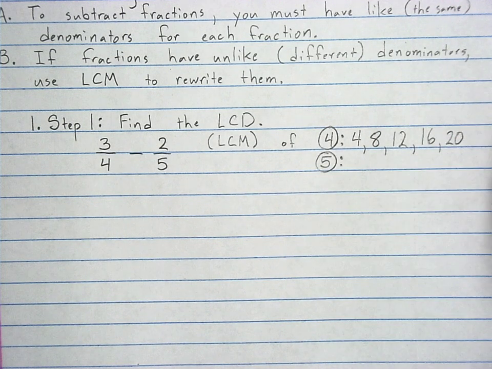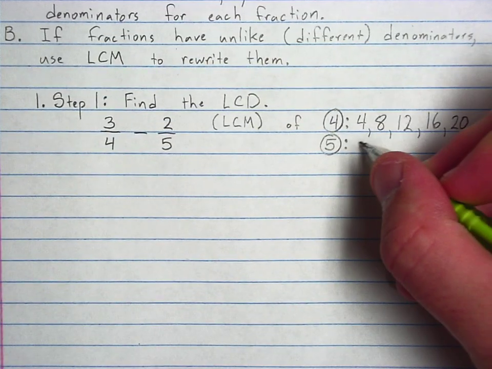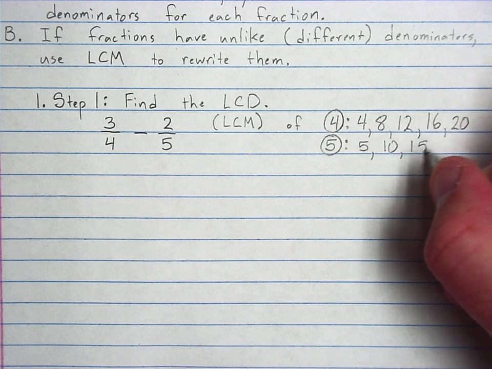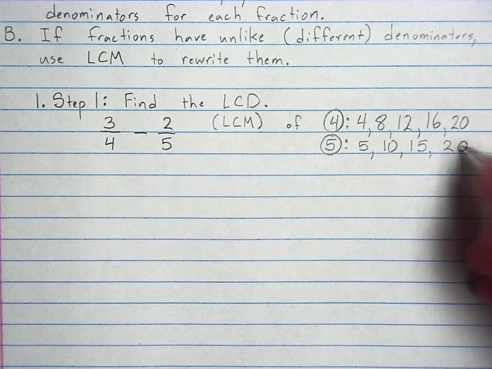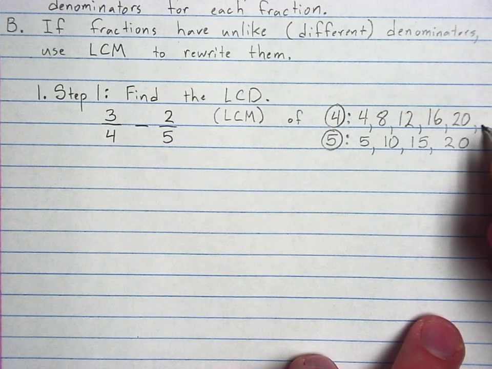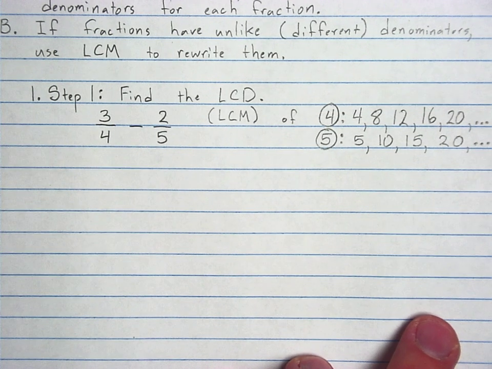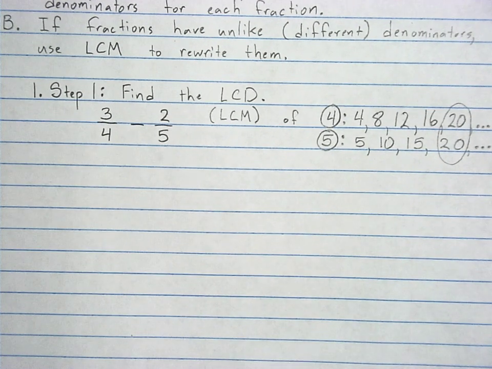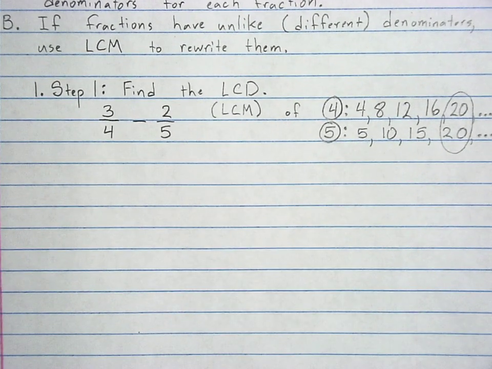For 5, 5 times 1, 5 times 2, 5 times 3, 5 times 4, will you look at that? Now, technically, each line goes on and on forever, but we don't need to go on and on forever. We have found a number that repeats in both lines. So the LCM of 4 and 5, the LCD for these fractions, is 20.